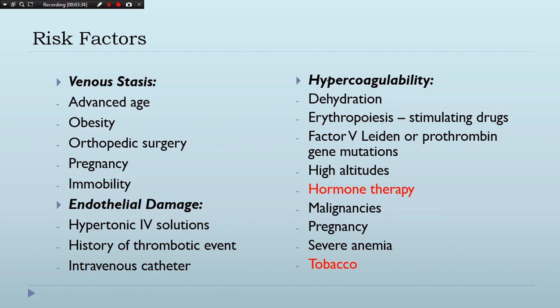Any condition that leads to damage of the intimal lining of the blood vessel increases a patient's risk of platelet aggregation and is at risk for developing a blood clot. And any condition that's going to increase the body's capability to clot is going to be a risk factor for DVTs or PEs or any type of VTE.